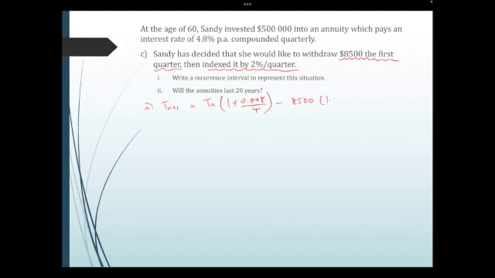This time take away 8500 times 1.02 to the power of n, and then T naught equals 500,000.